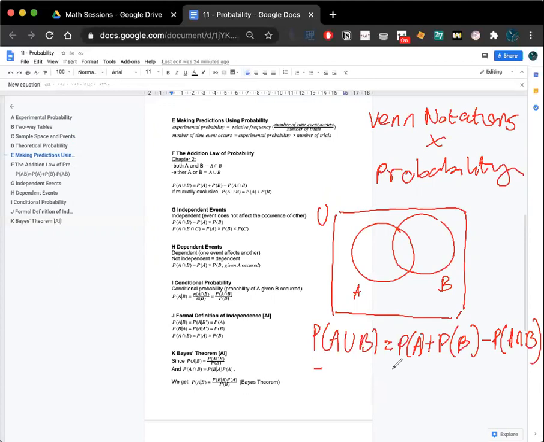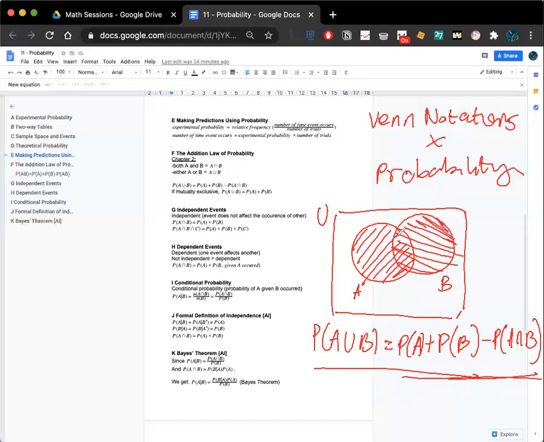The reason you have this formula is that you can get this by doing A plus B, and then since the value of this part is counted double, you subtract it once.